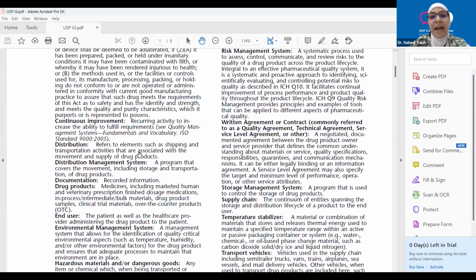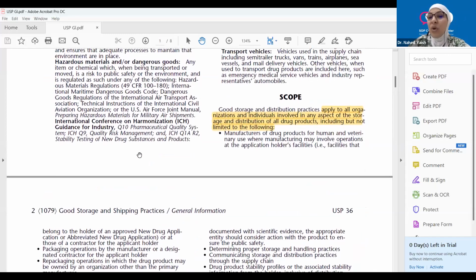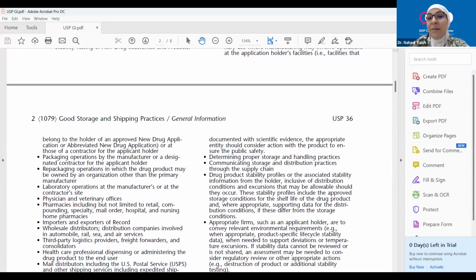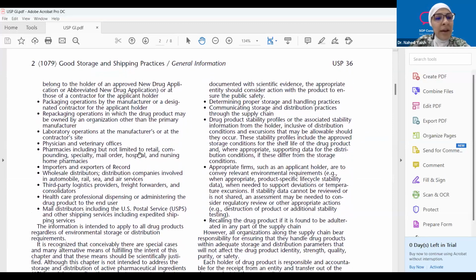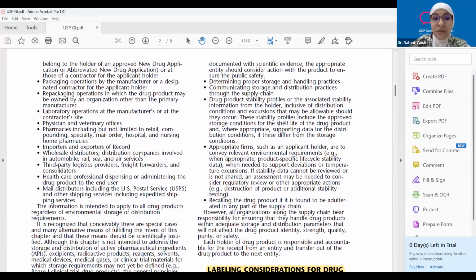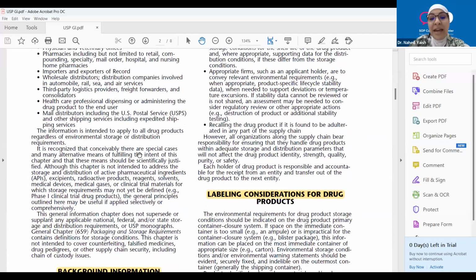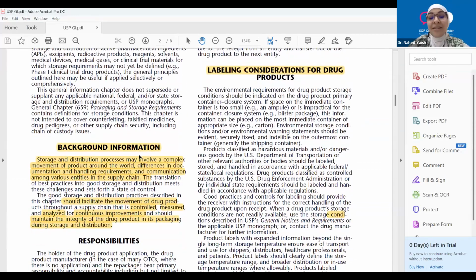Within the scope, they mentioned that the GSDP applies to all organizations and individuals involved in any aspect of the storage and distribution of all drug products, including but not limited to the following: manufacturers, packaging operations, importers and exporters of record, wholesale distributors, third-party logistics providers, healthcare professionals, etc. Also, they mentioned that the storage and distribution process may involve a complex movement of product around the world, differences in documentation and handling requirements, and communication among various entities in the supply chain.